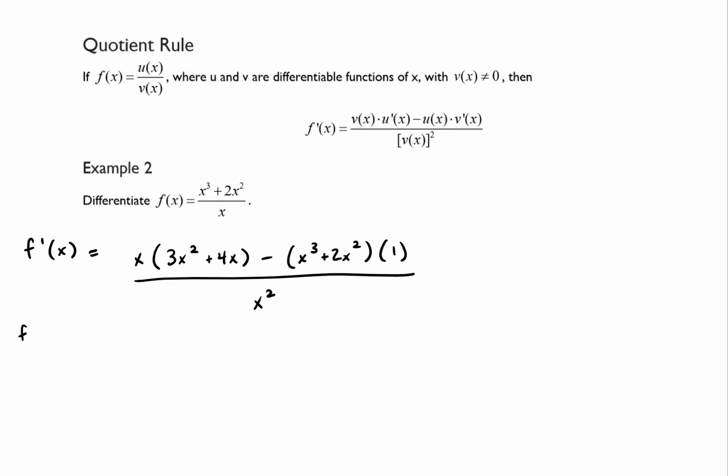So let's simplify that. We have 3x cubed plus 4x squared minus, I'm going to distribute that minus sign in, so we get minus x cubed minus 2x squared all over x squared.